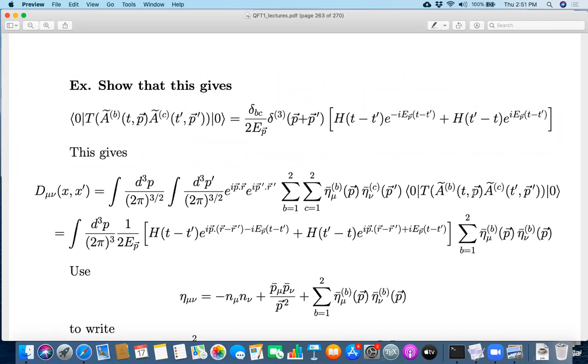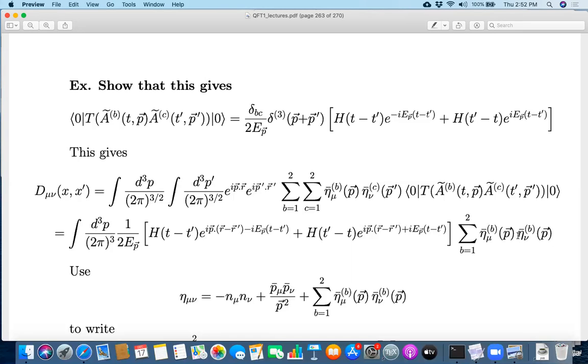So A tilde B and A tilde C, even though we had to begin with eta B and eta C, and this was P and this was P prime, we eventually got eta B of P. Sorry, eta C of P prime, where P prime is minus P. But eta, of course, we have chosen so that at minus P and P, it takes the same value. Remember, I had said that epsilon B of minus P is the same as epsilon B of P. It's a convention, but it's a useful convention.